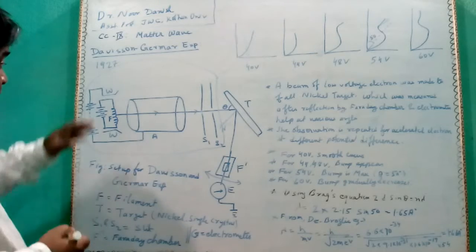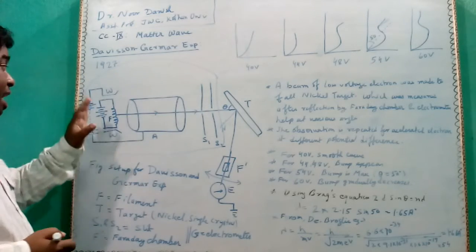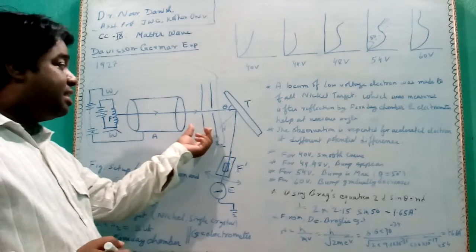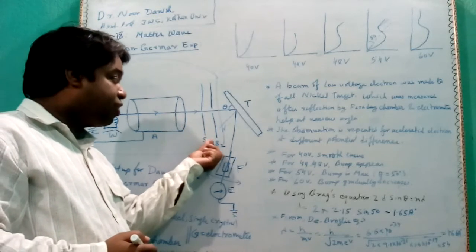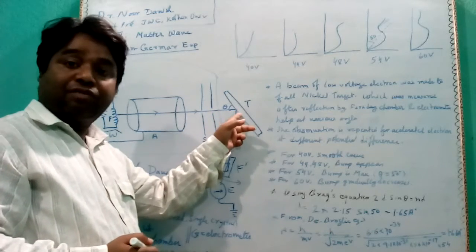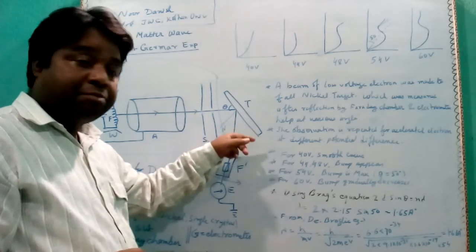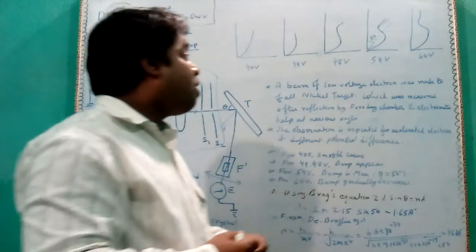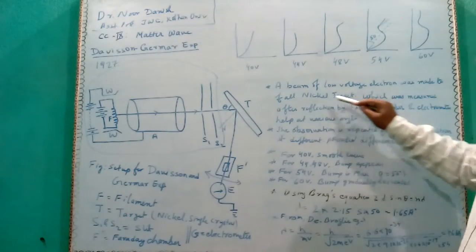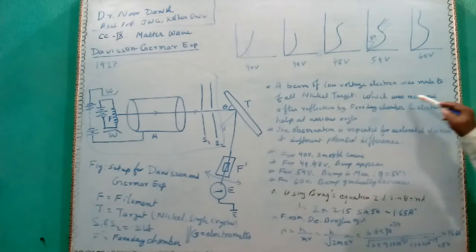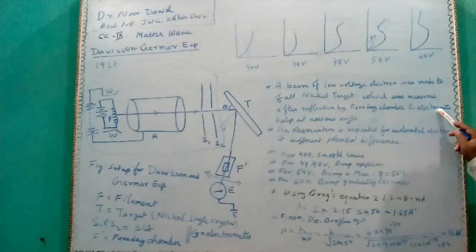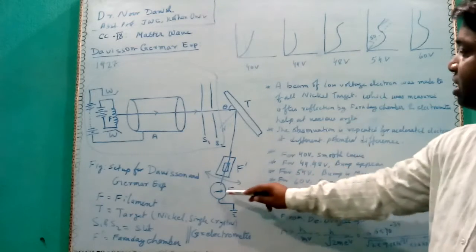So the arrangement is: production of the electron, isolation of the electron, selection of the electron through slit 1 and slit 2, and then targeting of the electron on the nickel crystal. A beam of low voltage electrons was made to fall on the nickel target, and the reflection was measured by the Faraday chamber and electrometer. This is the electrometer.